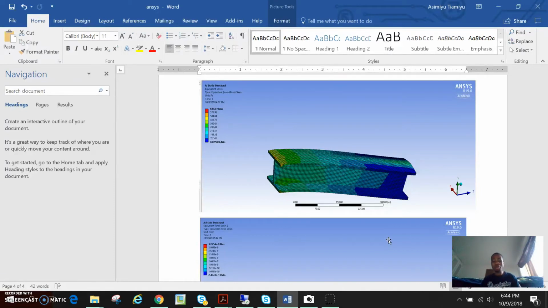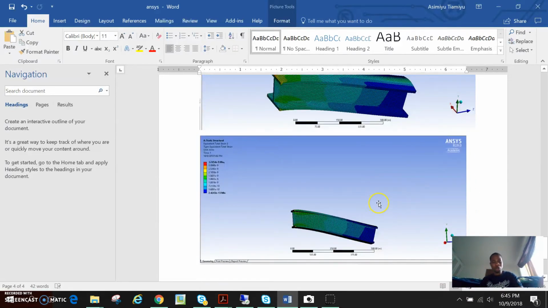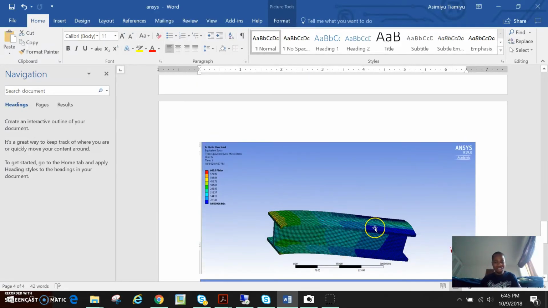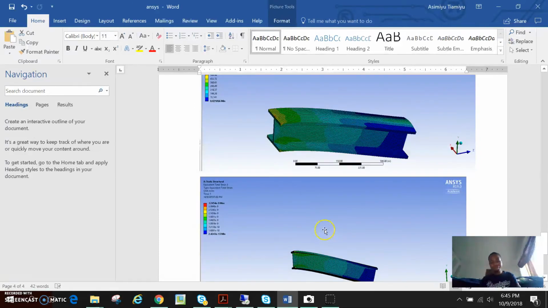So the maximum stress that we're going to apply on this beam is going to be less than the yield strength of this beam. That's the logic: it's going to be less than the yield point of this beam, and in that case the beam is not going to fail. It's going to be safe, and that's what we are going to use to make sure that our design is safe and there is no failure at all.